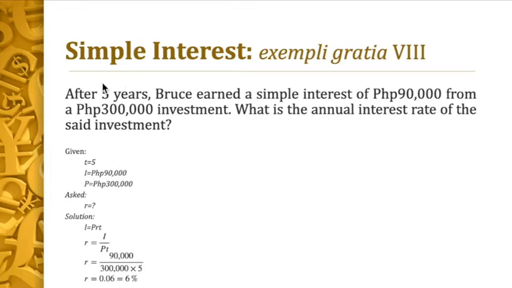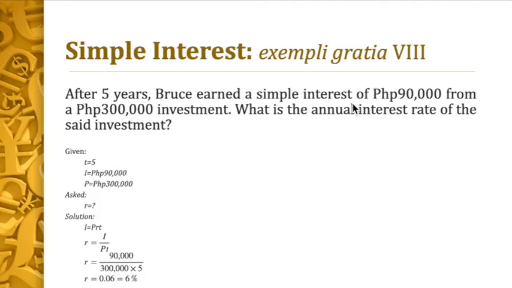So again, after 5 years, that's your T, clearly, your time. Bruce earned a simple interest, it's an interest, 90,000 pesos. So this is your I, clearly, because this is an interest. It's not your principal, because it is clearly stated that it is the simple interest earned.